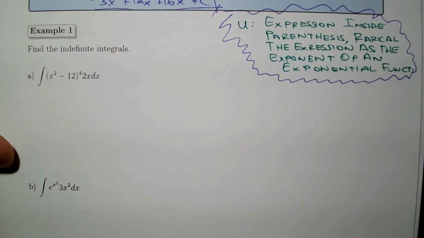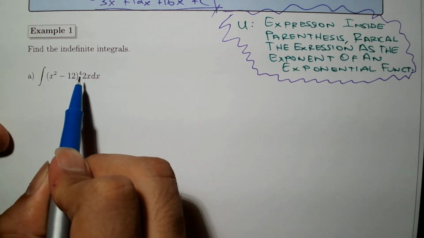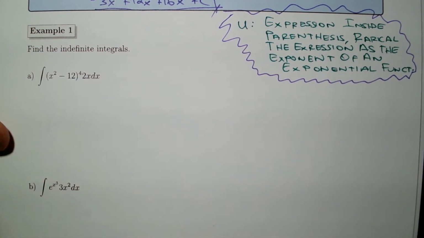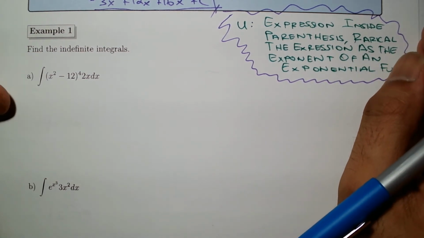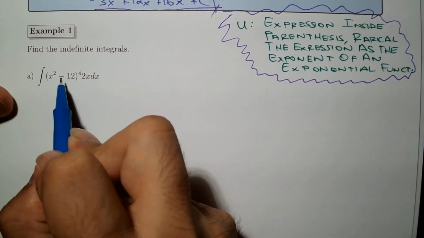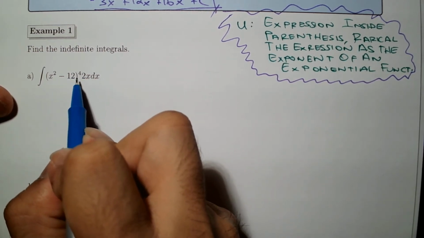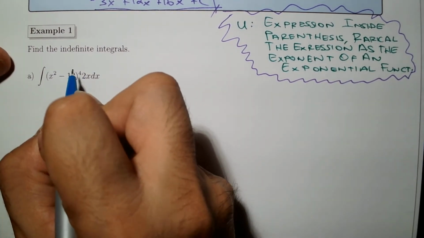All right, let's look at an example. So we want to evaluate this integral, the integral of x squared minus 12 to the 4th power times 2x. So if we didn't know how to do integration by substitution, you will have to FOIL this guy 4 times. Again, that's not the best and most efficient way to do this, and then multiply everything by 2x.